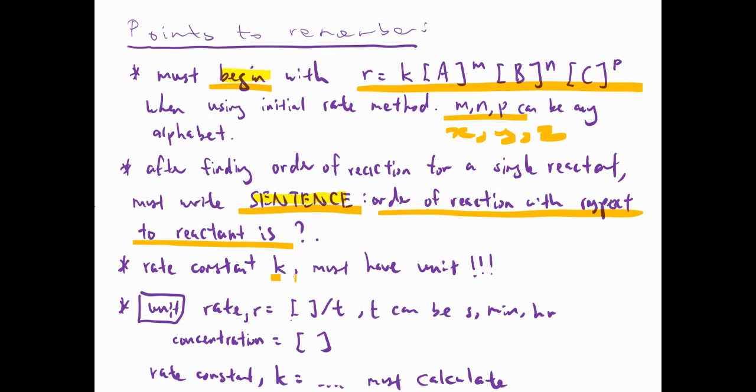And remember the rate constant is k, and it must have a unit. Different terms must have different units. For example, rate is concentration over time, but time can be second, minute or hour, so refer to the table. Concentration we use molarity, and the rate constant unit must be calculated. So that's all for the initial rate method part.